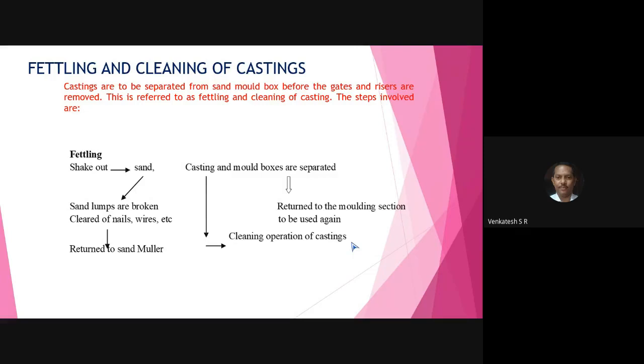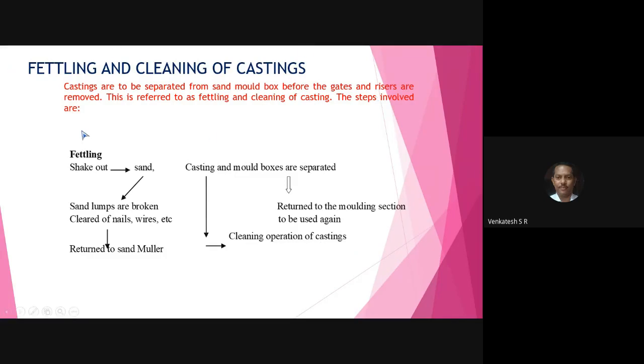By blasting sand or small balls on the surface of the casting, you can clean the surface. That is called shot blasting or sand blasting.